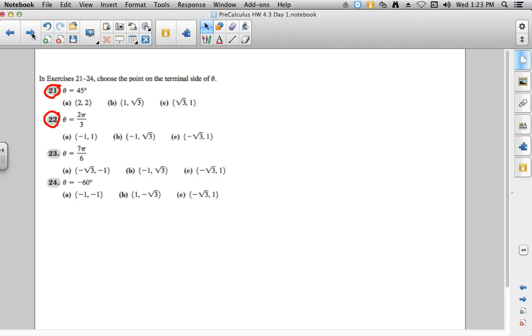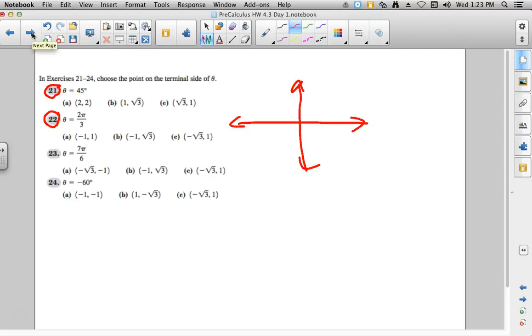Then number 21 says, choose the point on the terminal side of theta. And if we have a 45-degree angle, when we did this yesterday, we always were trying to use the numbers 1, 1, square root of 2 for a 45, 45, 90 triangle.